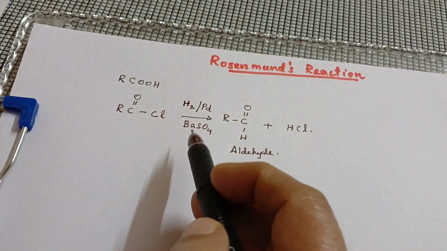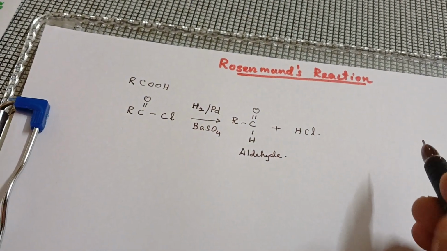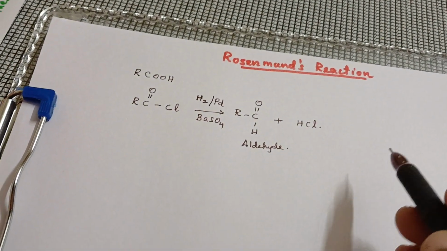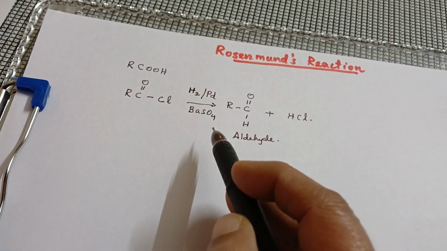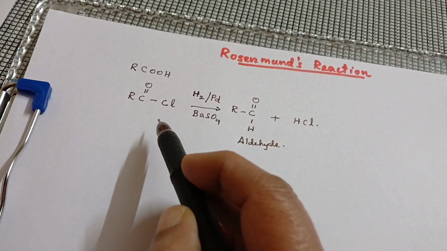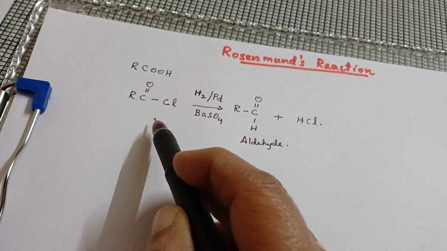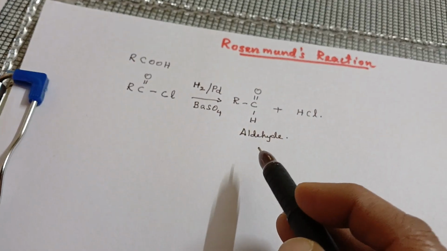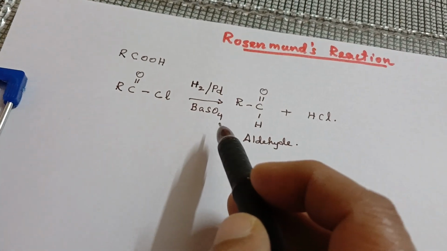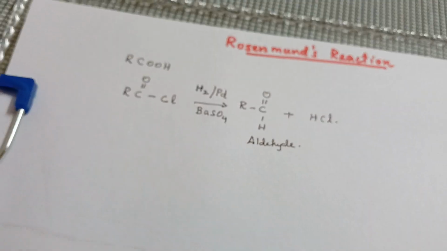But if some positions on palladium are occupied by barium sulfate, that many hydrogens will not get added to the acid chloride and the reaction will stop at the aldehyde stage. So that is why we are using barium sulfate.